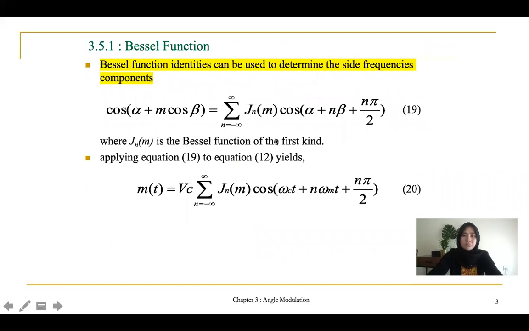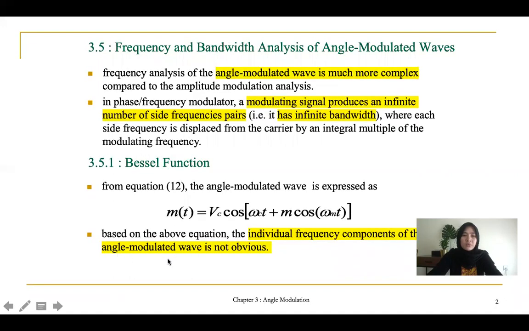To apply this equation, you know that cos(alpha plus m cos beta) equals this. In the previous equation, equation 12, you have Vc cos(omega_c t plus m cos omega_m t). So basically, you know that this is cos(alpha plus m cos beta).